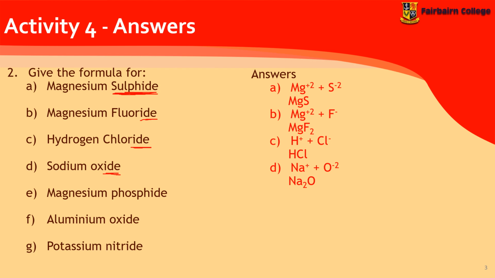And then magnesium phosphide, magnesium is +2, phosphide -3, then it becomes Mg3P2. Aluminium oxide, aluminium is +3, oxygen -2, so then it becomes Al2O3. And potassium nitride, potassium and nitrogen, so it becomes K3N.